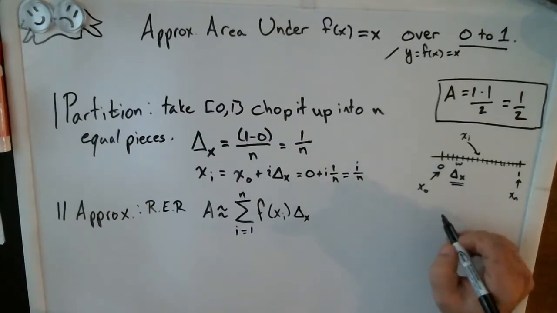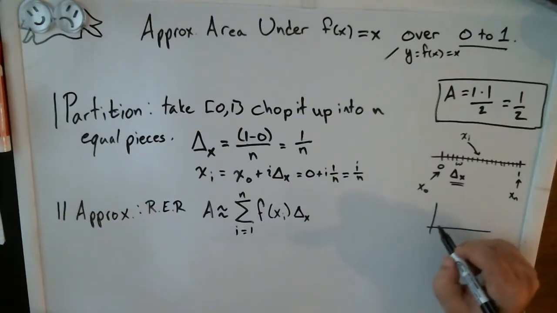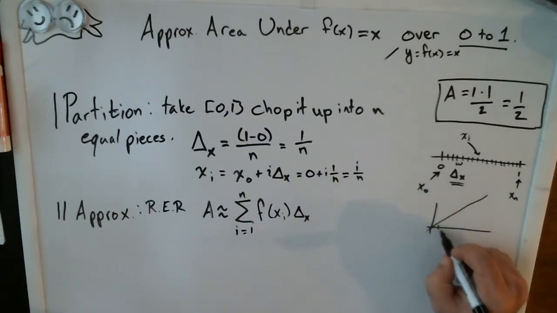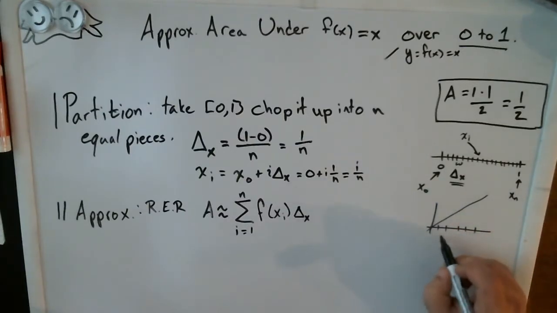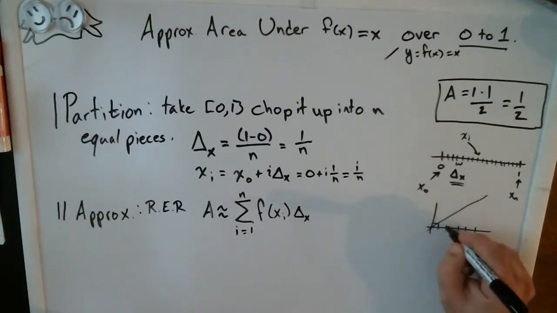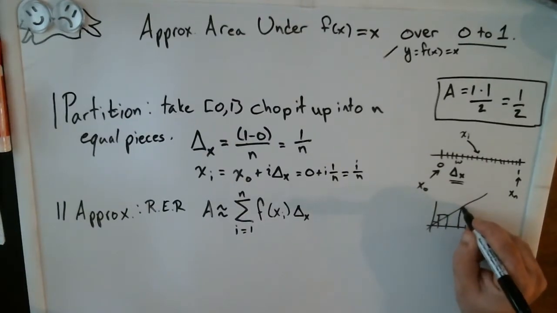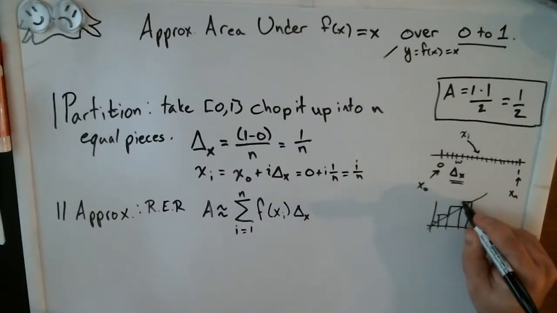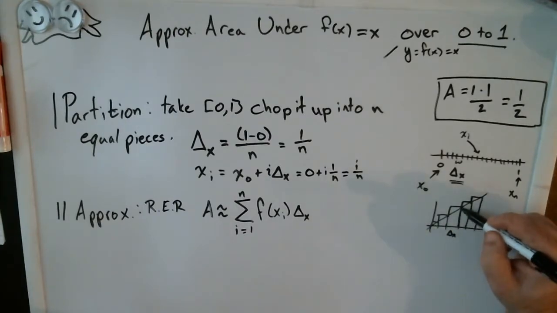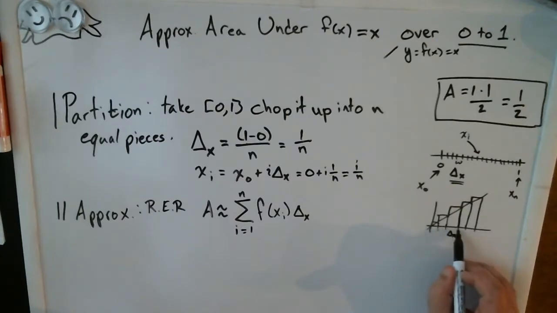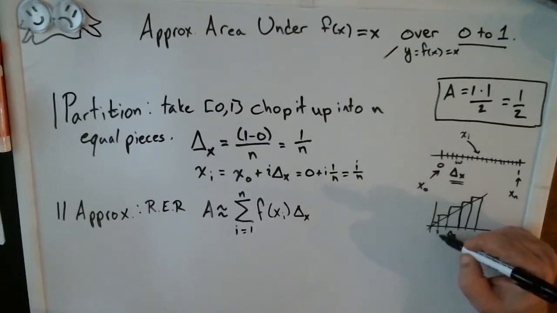The reason is, if I draw this and put a few points here, using the right endpoint rule, my rectangles look like this. The width of each rectangle is delta x, and the height is described by the 1, 2, dot, dot, dot, i, dot, dot, dot, n cut point.